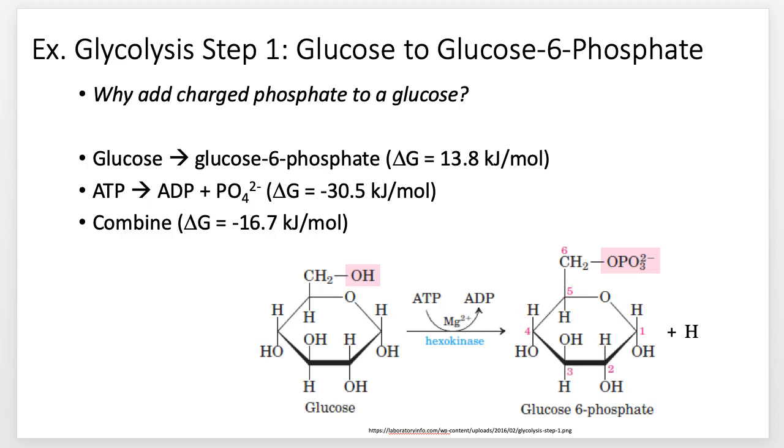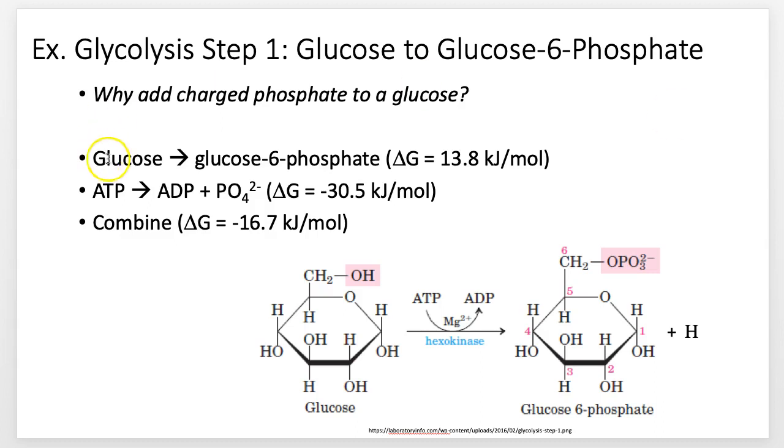If we add a nice giant negative charge with a phosphate onto our glucose, that's going to attract it to the philic heads, the phospholipid heads of our phospholipid bilayer, and it's going to cause it to be repelled by the hydrophobic center of your phospholipid bilayer. Okay? So by adding a charge to your glucose molecule, you can cause it to stay within the cell. Okay? That's really, really important. It's one way that we defeat equilibrium.